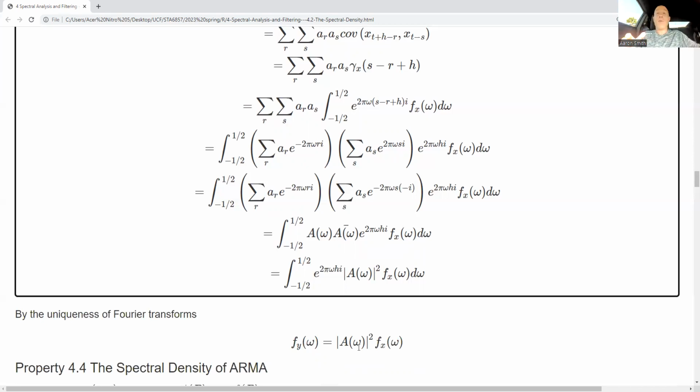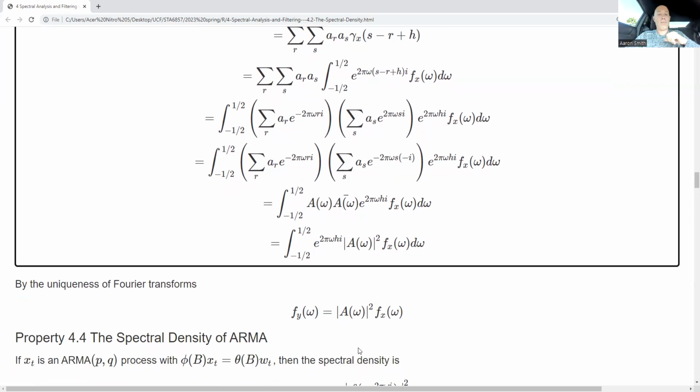All right, so if I have a time series and I want to get the spectral density, and I know that the time series is a convolution, a linear combination of another time series, I can work this out using the time series that is inside the convolution.